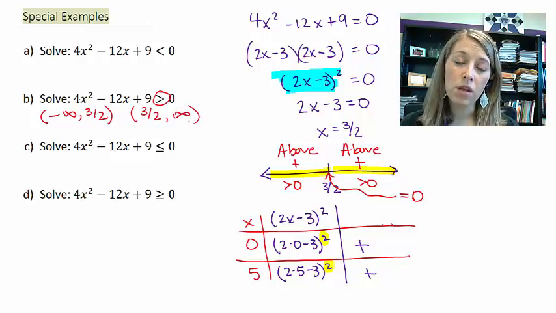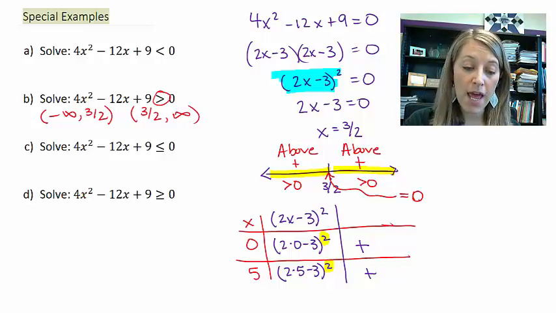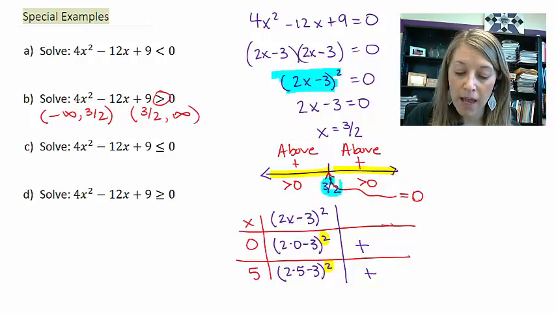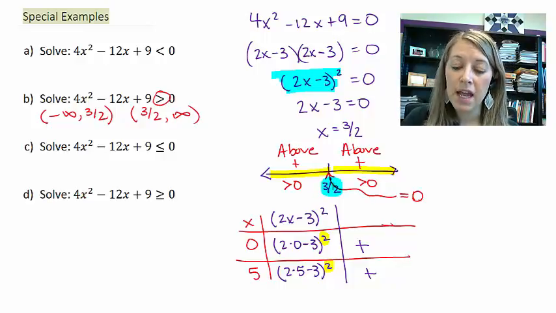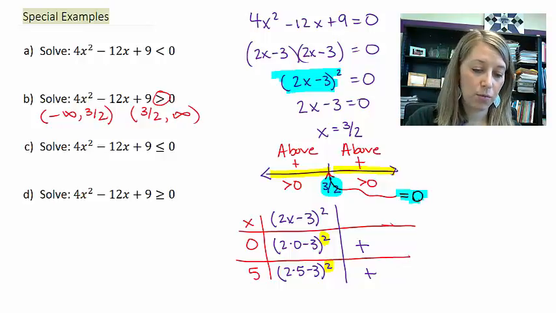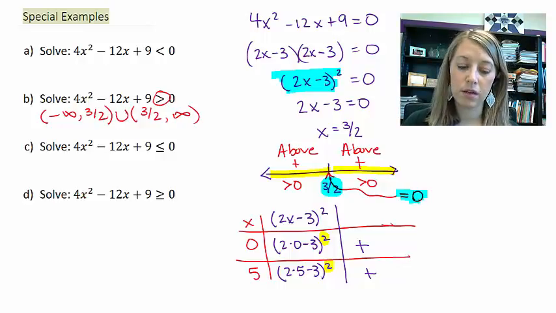So basically the only part of this graph that is not greater than 0 is right at the boundary, right at my vertex right here, because that is where it is equal to 0. And we're going to put a union in between.